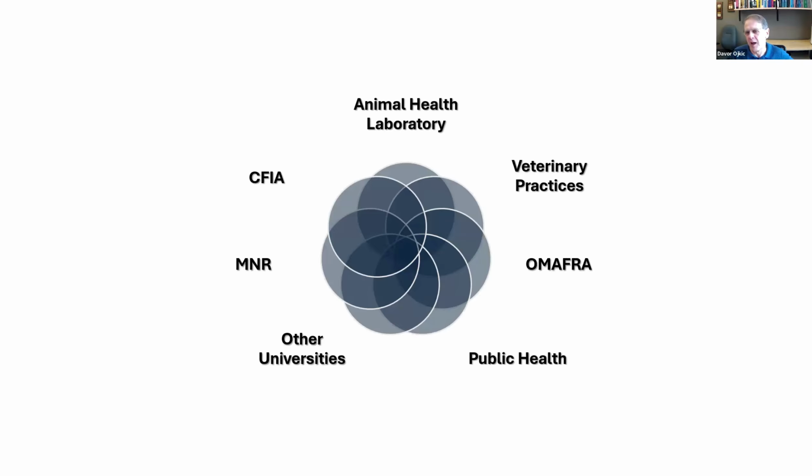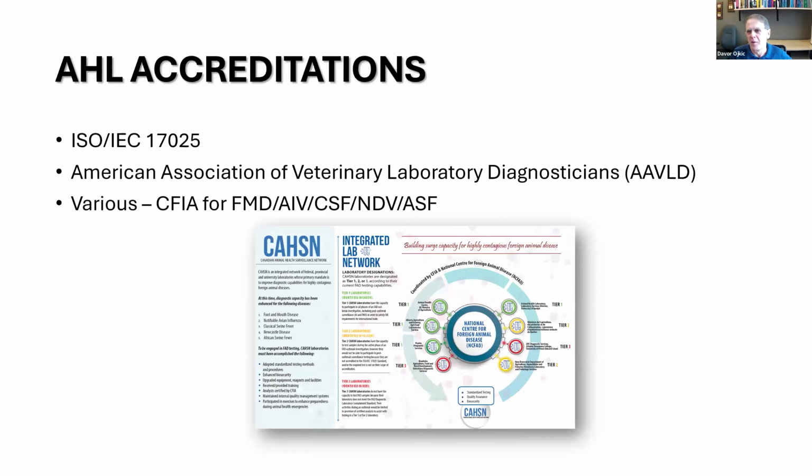Anyways, I work for the Animal Health Lab, and we were formed in 1997 by merging Ontario Government labs with University of Guelph labs. So we are University of Guelph employees. And we work with practitioners, with government agencies, with colleagues at other universities. We're heavily accredited because for lots of things we do, we must be accredited for export purposes.